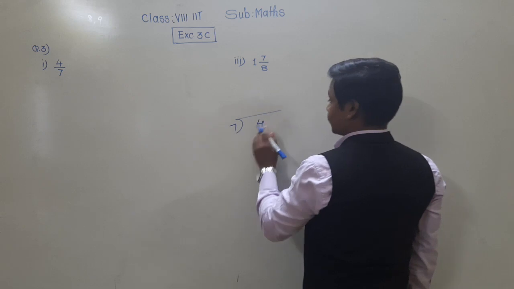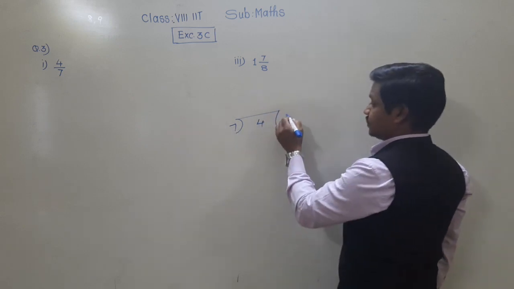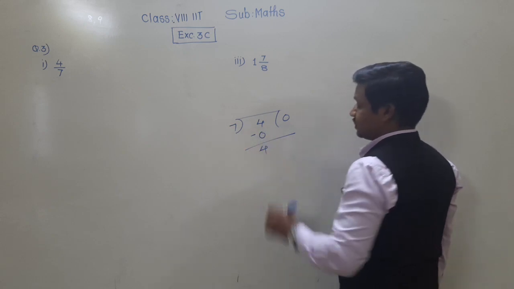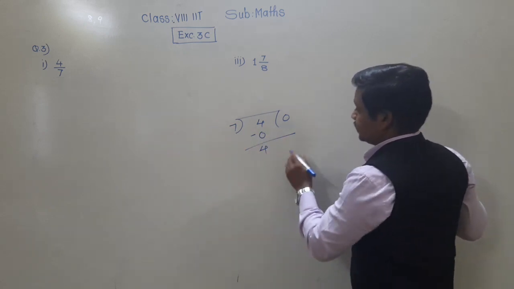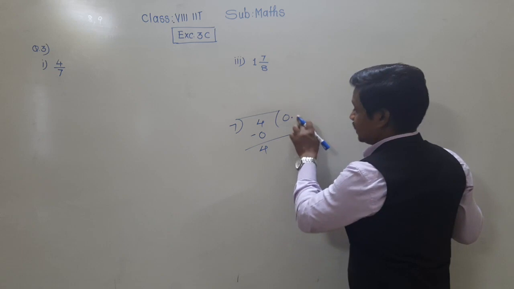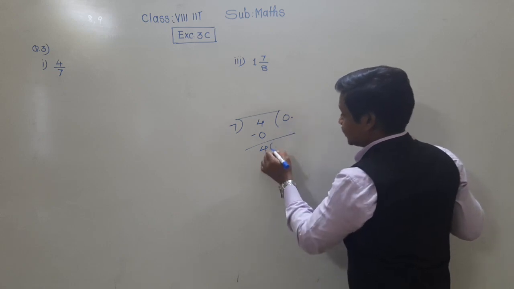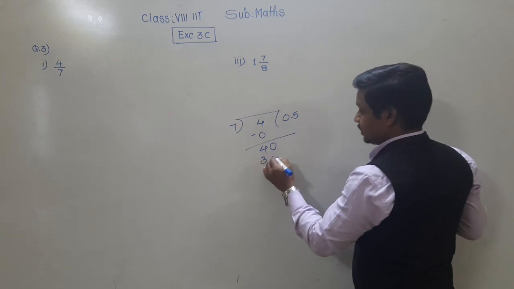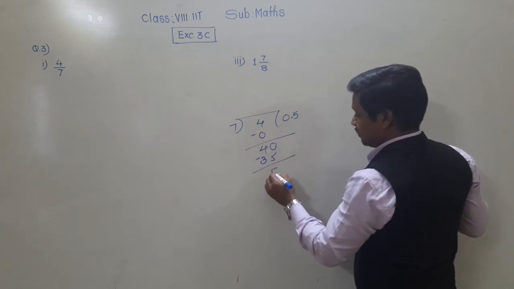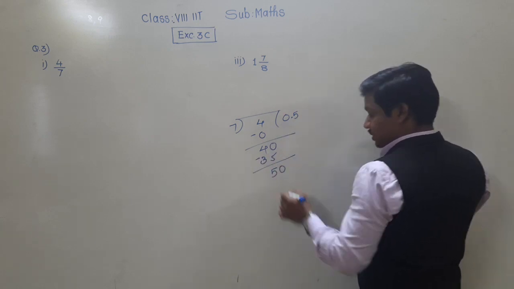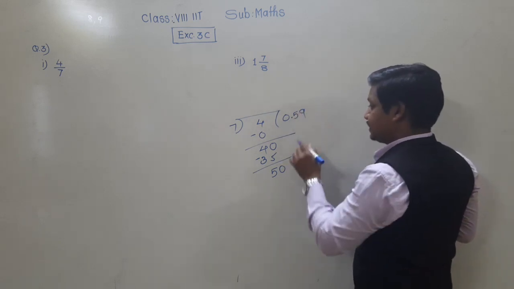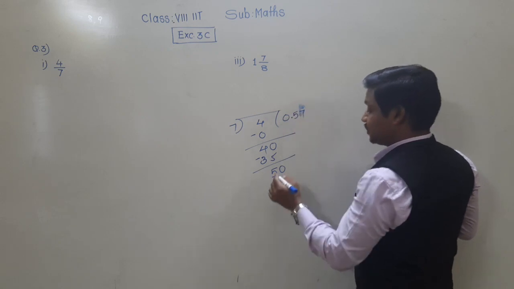7 zeros are 0. 4 minus 0, 4. Then put your decimal point, and since the decimal point is given, you can put 0 after 4. 7 5s are 35. Remain 5. Put 0 after 5. 7 7s are 49.